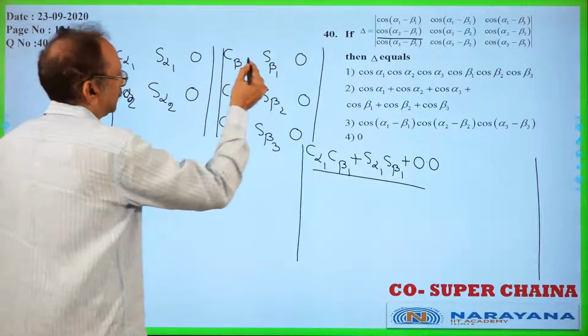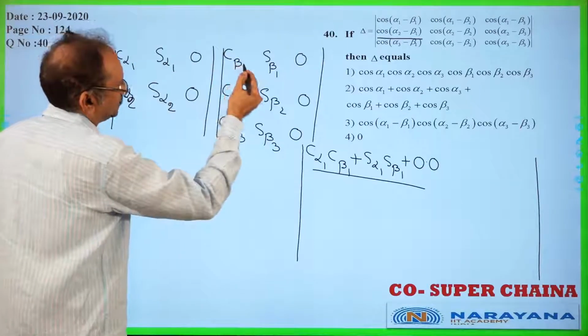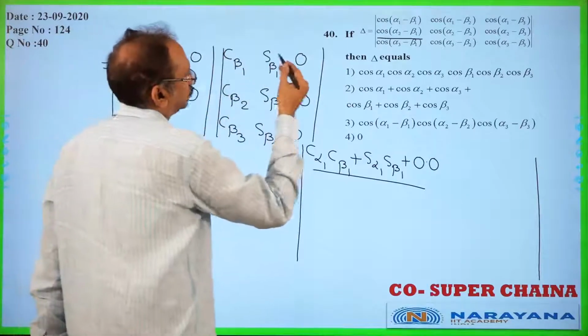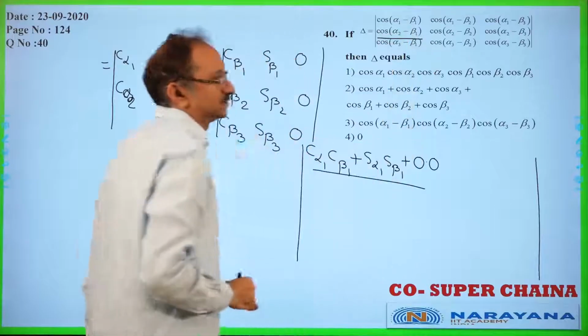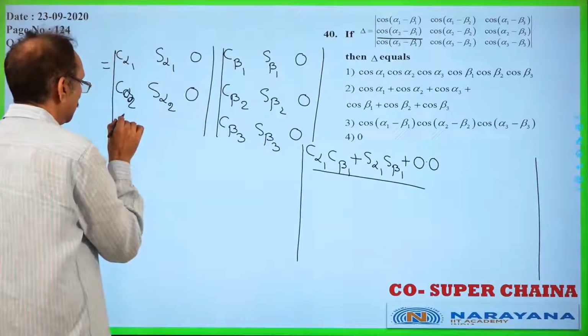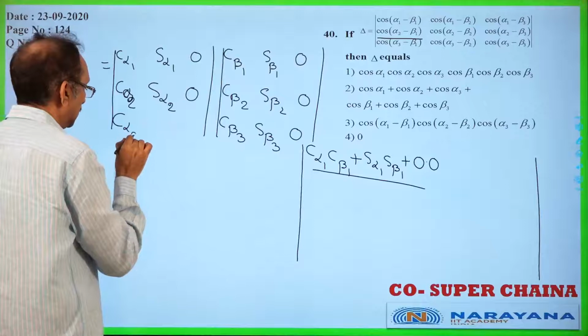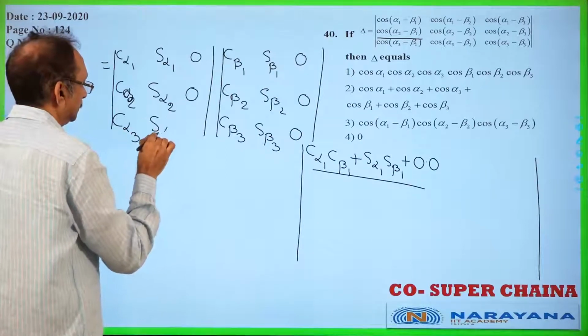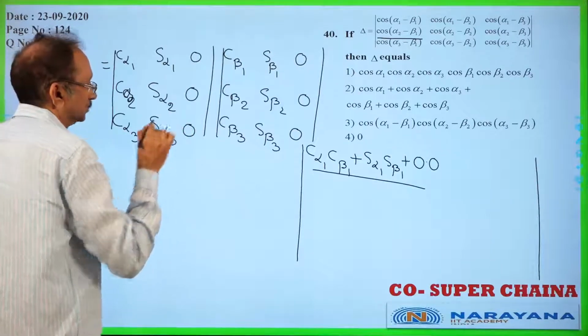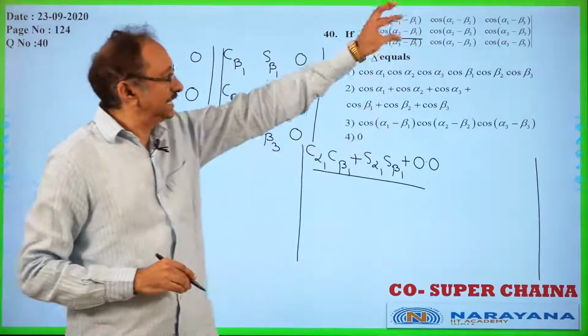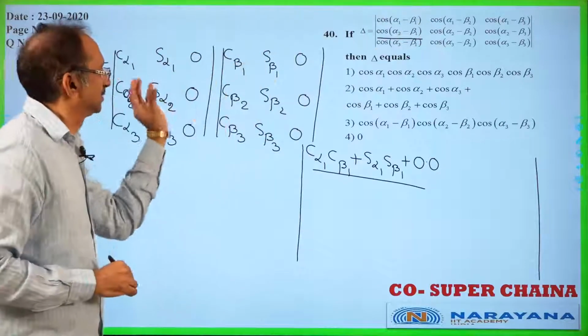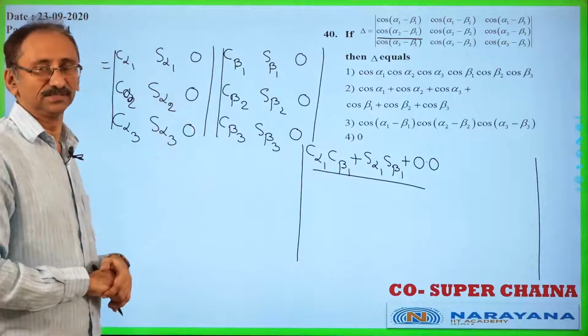And you multiply this one: cos alpha 2 cos beta 1 plus sin alpha 2 sin beta 1. So that is the result. Similarly, what is this? Cos alpha 3, sin alpha 3, 0. And this single determinant can be expressed as product of two determinants.